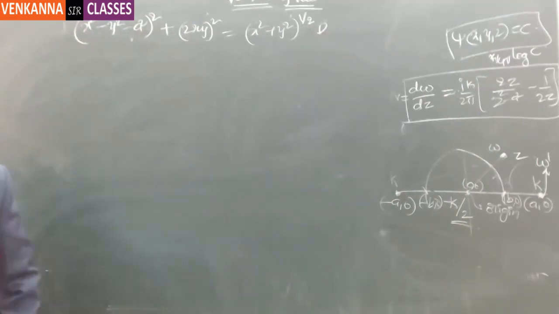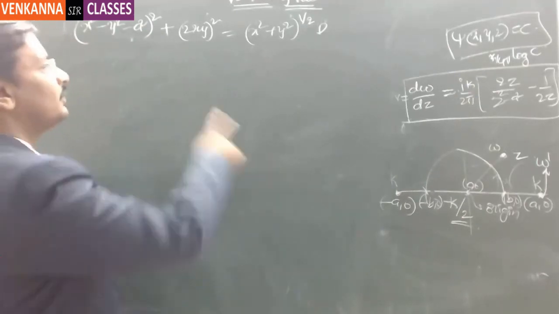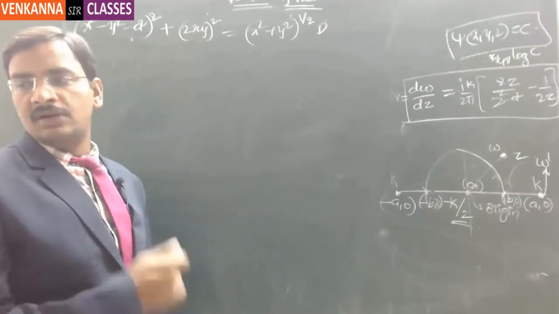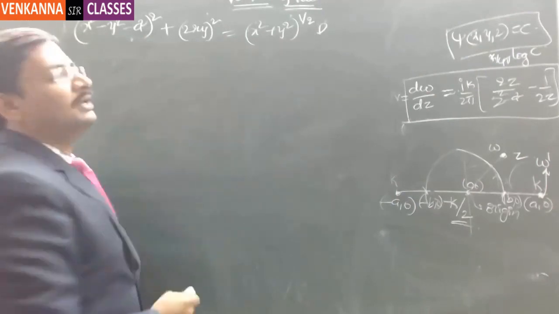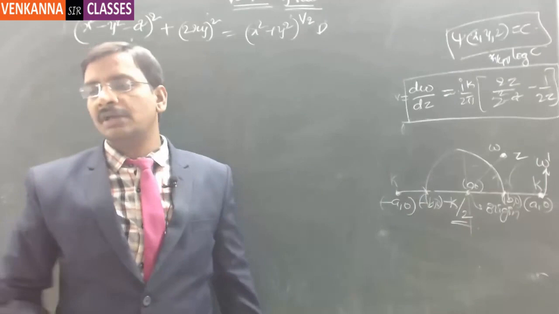This is the random constant d. Got it or not? This is how we can simplify that equation. I have avoided the k by 2 pi factor and the log, and straight away equated this to d. This d value we need to find based on the initial conditions.